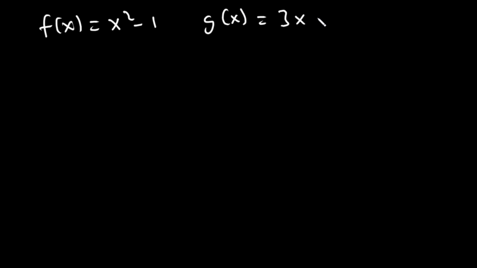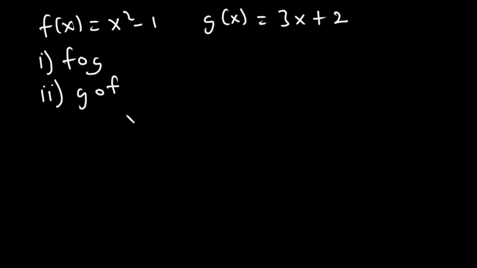Let's try this together. Given a function f of x is equal to x squared minus 1, and then g of x is equal to 3x plus 2. Let's find f of g and then g of f.